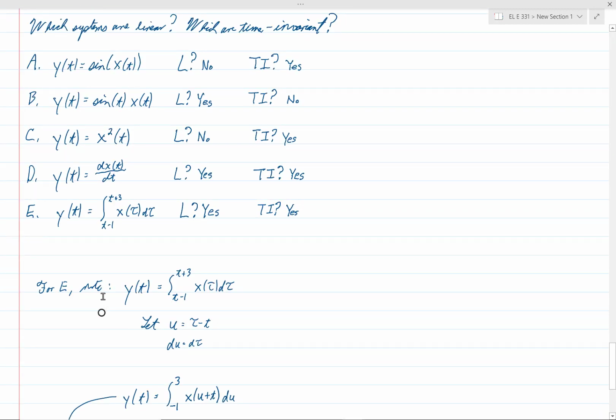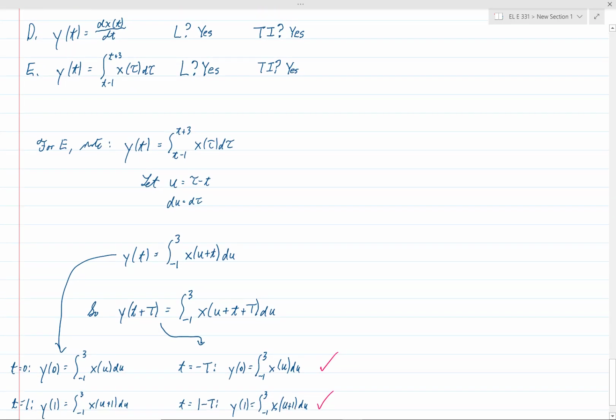So for this case E, note that y of t, here's the equation for y of t, but let u equal tau minus t. Now, if we do that, du is equal to d tau. That's not a mystery. If we make that substitution, the y of t on the left-hand side remains the same, but on the right-hand side, when we change to the dummy variable u, since u is equal to tau minus t, the upper limit becomes t plus 3 minus t, so the upper limit becomes 3.